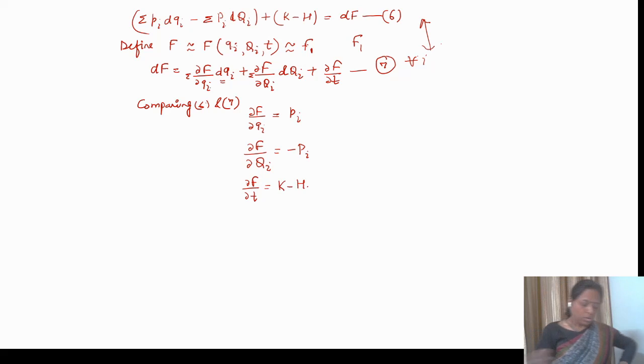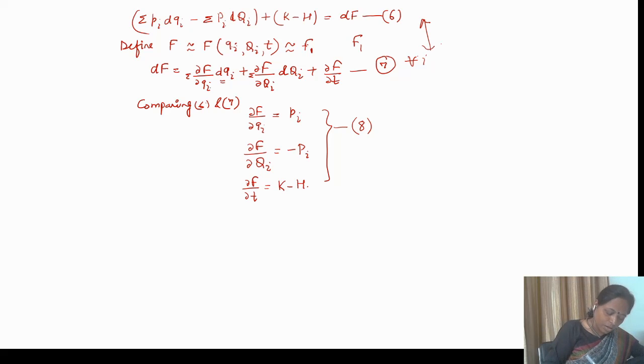So you got such type of relation, and then you have found your f. K is delta f delta t plus h. So you get a relation between k and h. If you know the h in the old coordinate system, you can define your k with the help of the generating function.